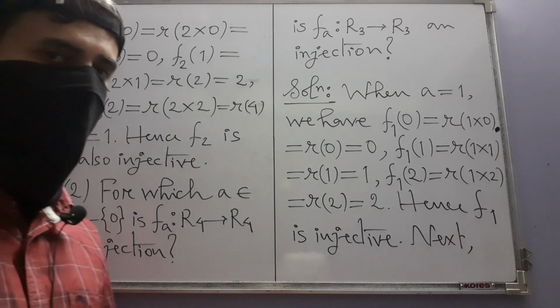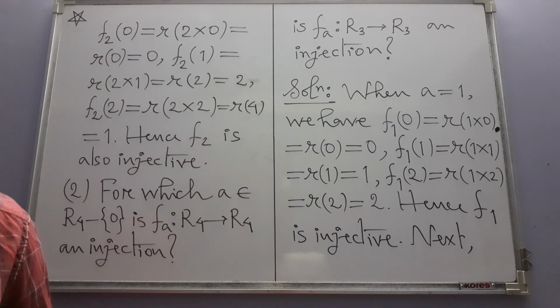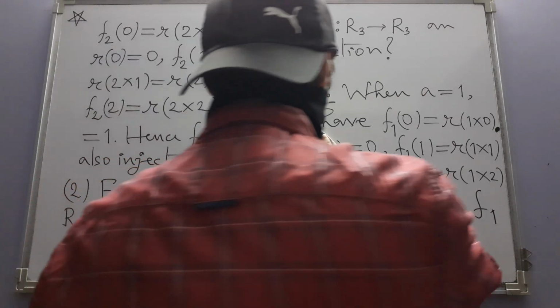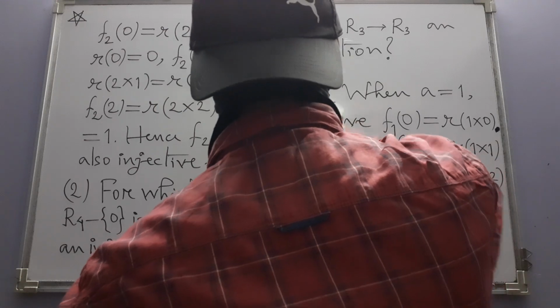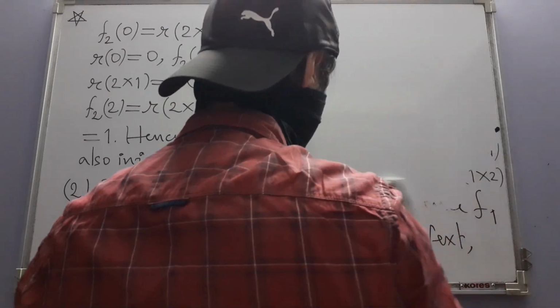The similar one, but now M is 4. So that means now our A can take 3 values, 1, 2 and 3.